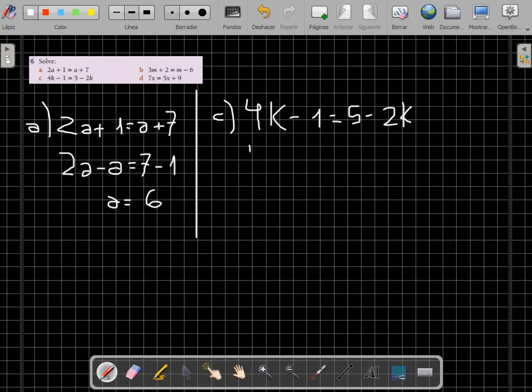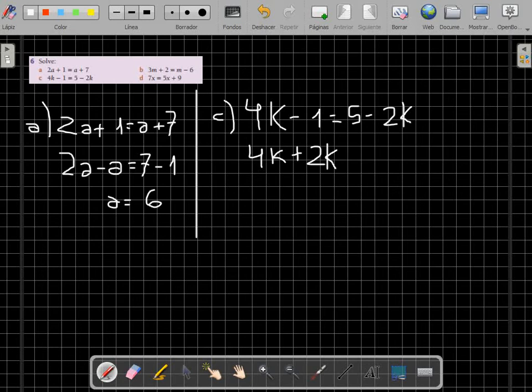We have the 4k here, we are going to leave it there, but we must change this 2k, which is negative, and we must send that 2k, which is negative, to the other side as positive. So we have 4k plus 2k.